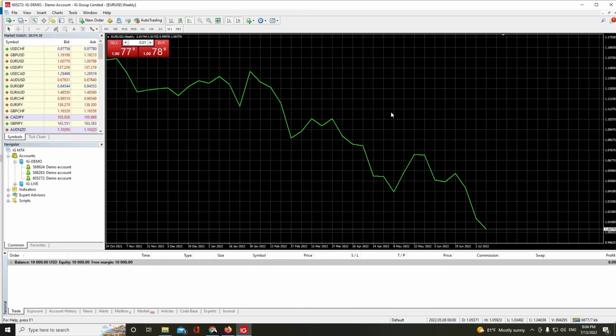You have a 50% chance either to succeed in your trade or to fail. However, the numbers show exactly the opposite. 90% of people trading the markets are losing. So how is this even possible since you just have a 50% chance?